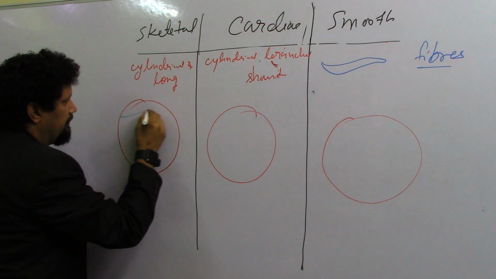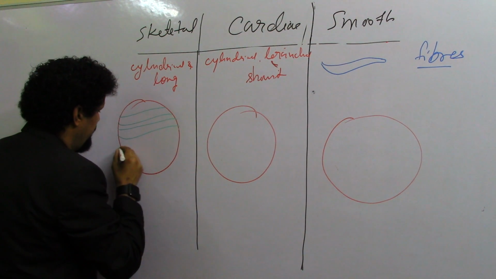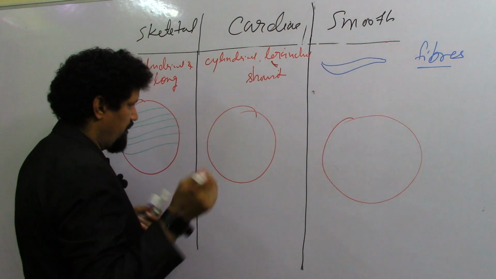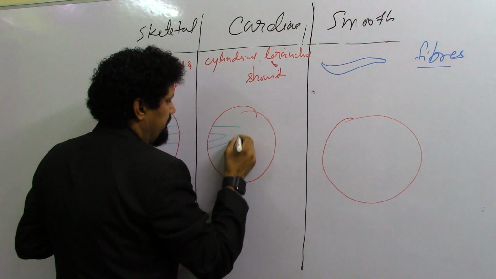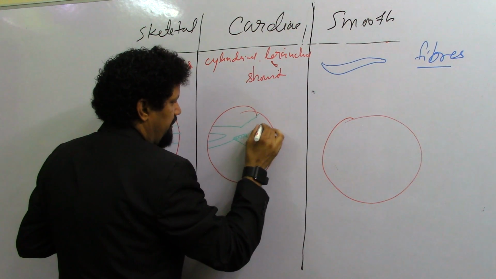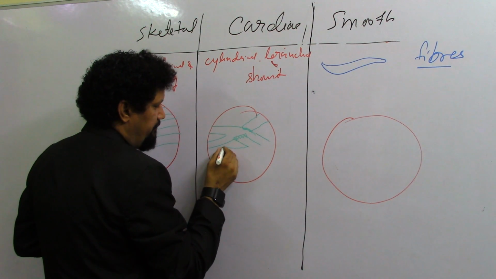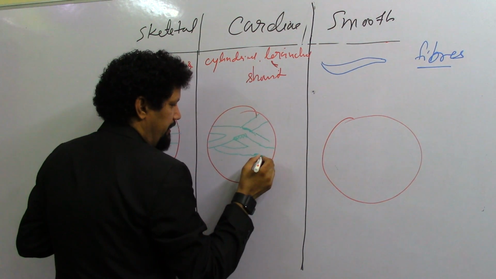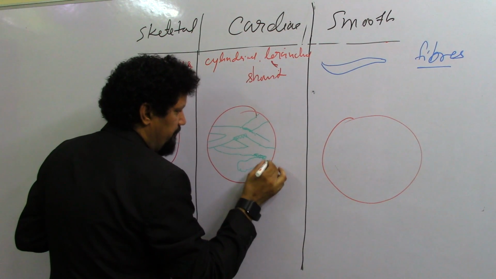Here you can see the parallel arrangement of the cylindrical fiber. Here you can see the branched fiber having the branching, and the fibers are arranged in branches and having contact with the adjacent fibers.